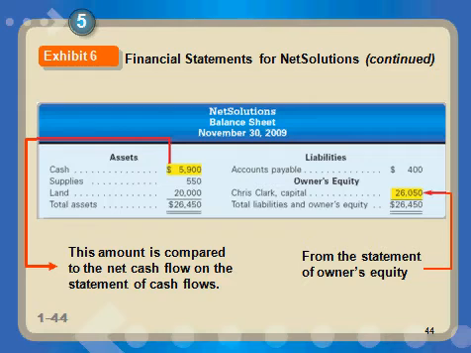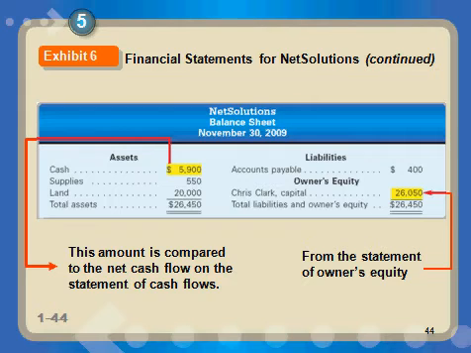Remember, Chris bought $1,350 worth of supplies, but $800 of them got used up, only leaving us $550 in supplies. And then, of course, the company bought that piece of land for $20,000. And we add that up and we get $26,450.